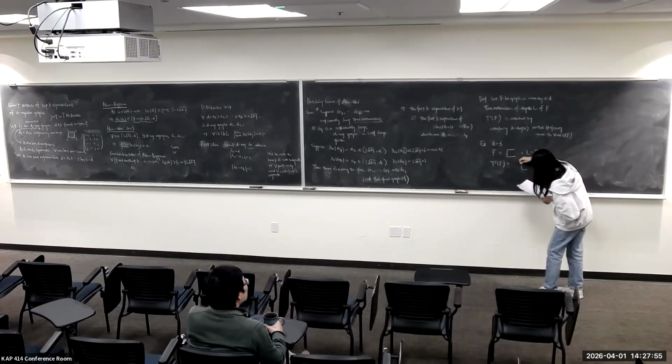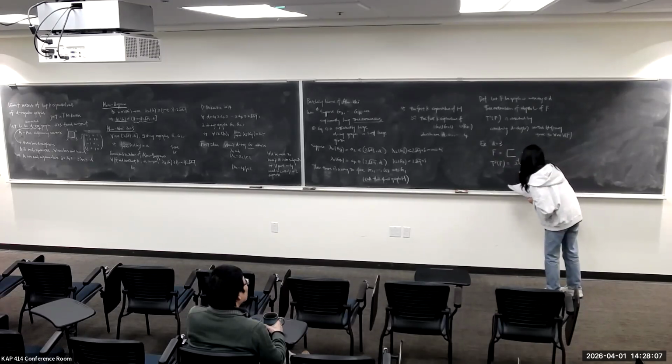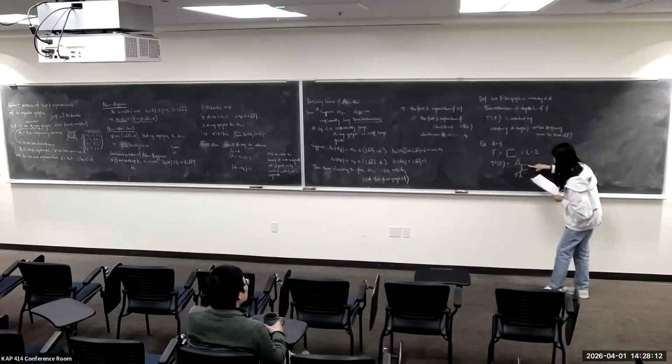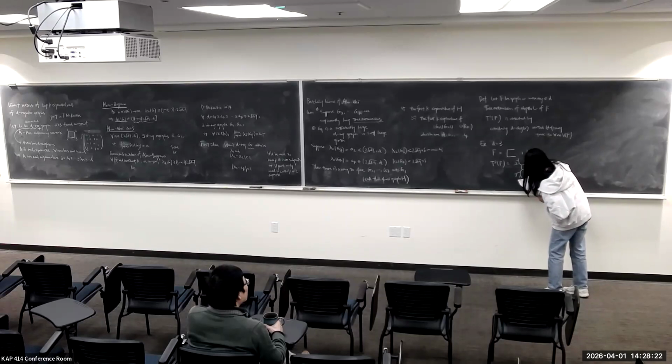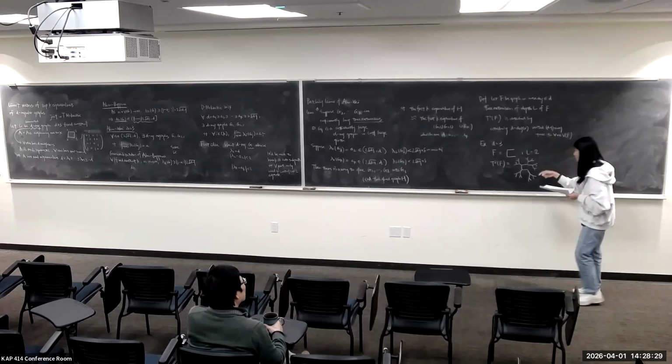So I want to add 1 tree here, and then I need to add, say, 2 level-2 trees. And then I will do the same here. And here I have degree 1, so I need to attach 2 trees to it, so that this becomes degree 3. And this is my tree.